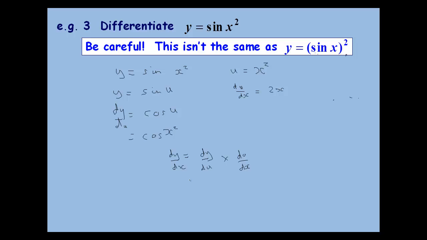So dy/dx equals dy/du times du/dx. Well, dy/du is cos x squared, and du/dx is 2x, and we would normally write that with the 2x in front, wouldn't we?